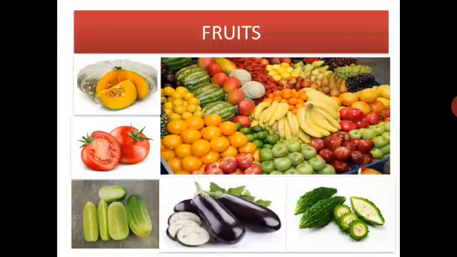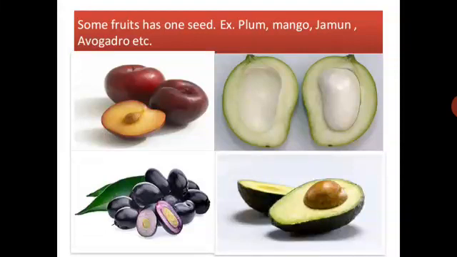Here are some fruits we can eat raw, or we can cook vegetables from these fruits. Pumpkin, tomato, brinjal, bitter gourd, cucumber are also fruits, and they have many seeds inside them. Here are some fruits that have one seed inside them.